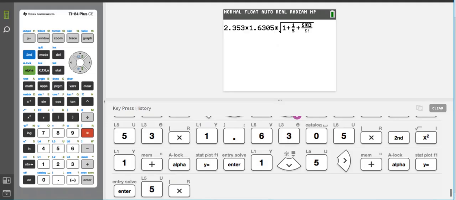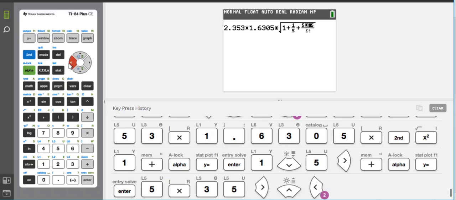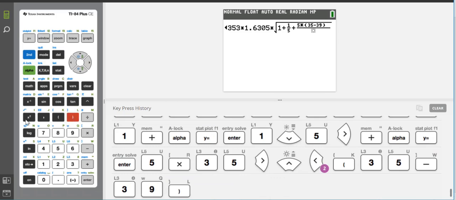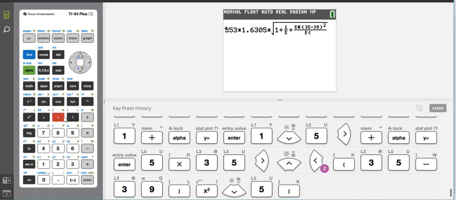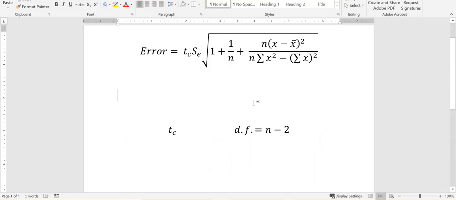Well, x is 35, and then x bar was 39, so I put in parentheses 35 minus 39, square it, and in the bottom I put in 5 times the sum of x squared.